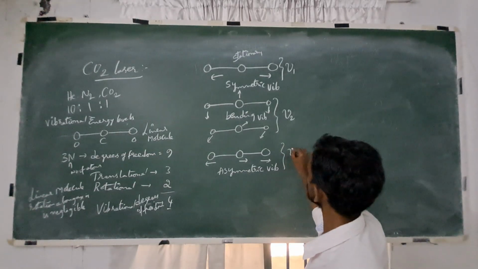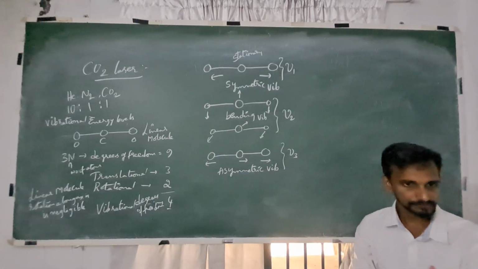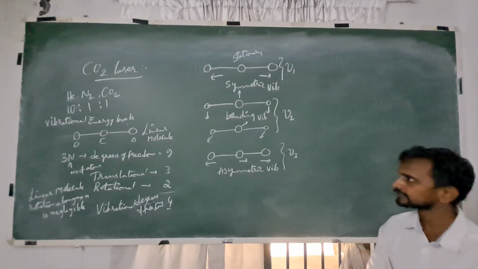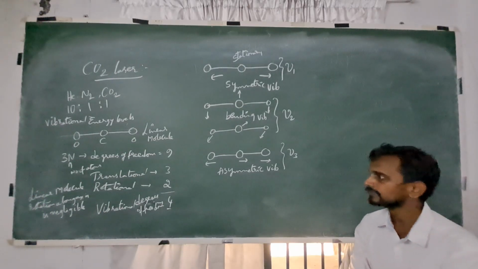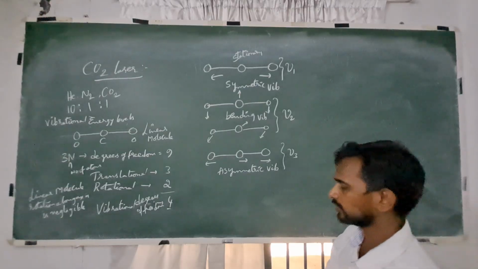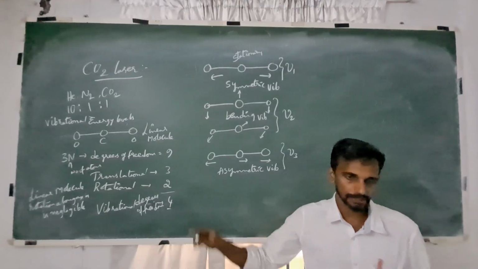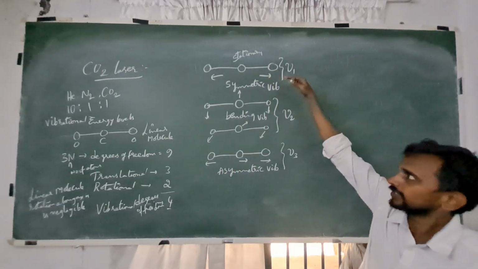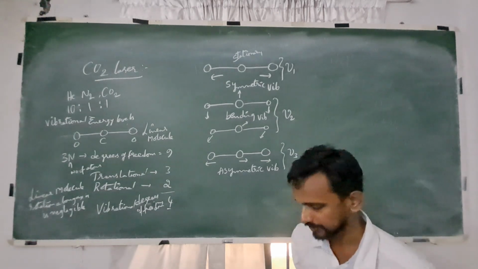So this is the third mode of vibration. So out of 4 degrees of freedom, we have 3 different modes of vibration: one is symmetric vibration, another is bending, and the third one is asymmetric vibration.